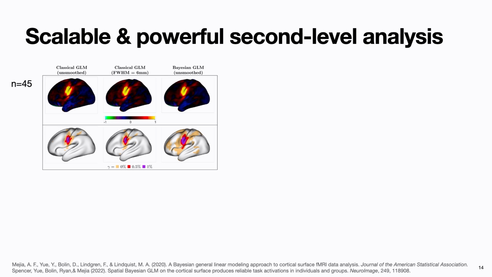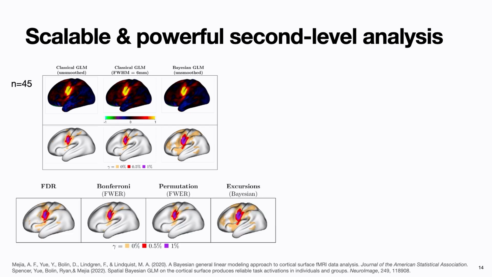This approach is also scalable for multi-subject analysis, so we can simply fit the model at the individual level and then combine it in a principled way to get group average contrasts. And so based on 45 subjects, you can see here the estimates of activation are actually quite similar to the classical massive univariate approach, but the areas of activation are much broader, so we have much higher power even with 45 subjects.